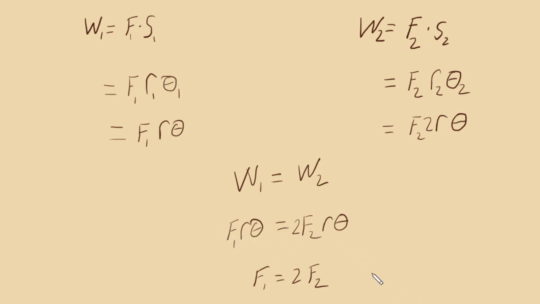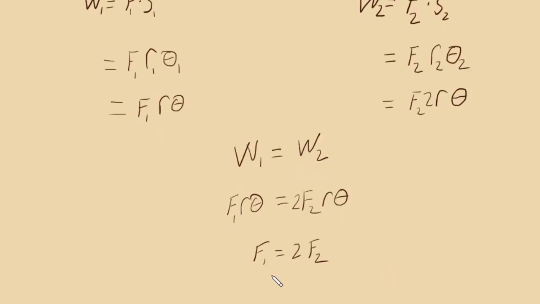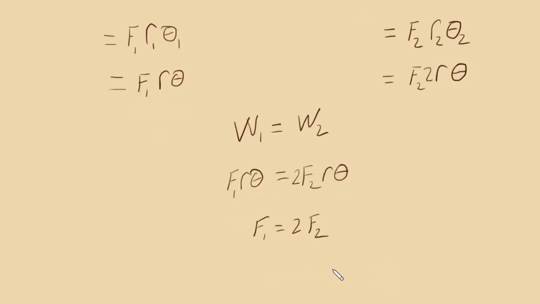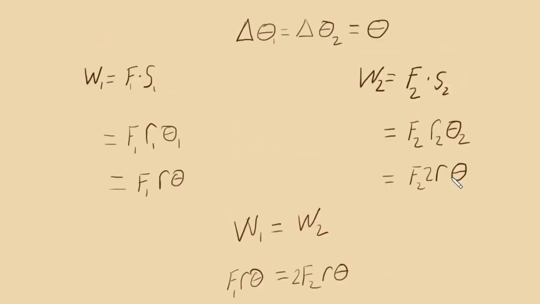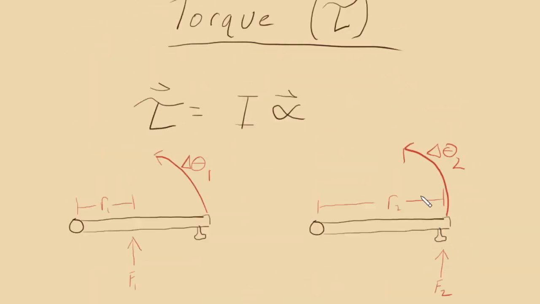We end up with force 1 equals force 2, which should make sense because for force 2 we traveled twice the distance, so the force being applied has to be half for conservation of energy. So we have the same amount of work.